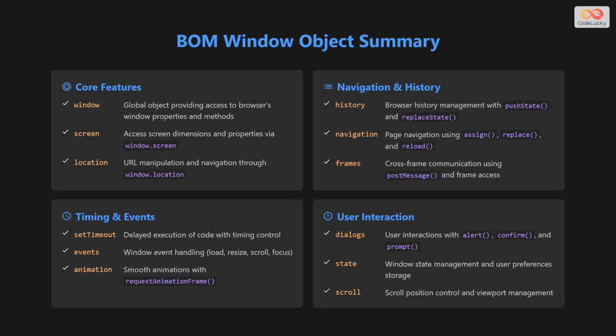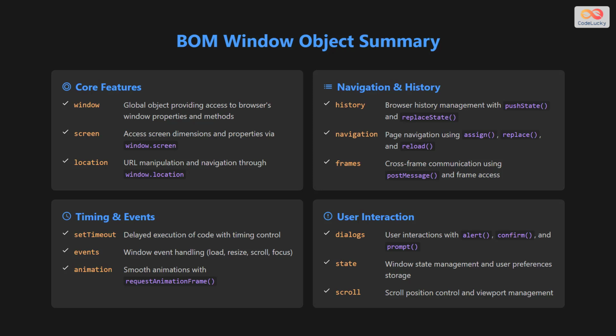Let's summarize the key functionalities of the window object. The window object is the global object which provides access to browser's window properties and methods. Screen provides information about the user's screen and its dimensions. Location is used for URL manipulation and navigation. The history object is used to manage the browser's history.